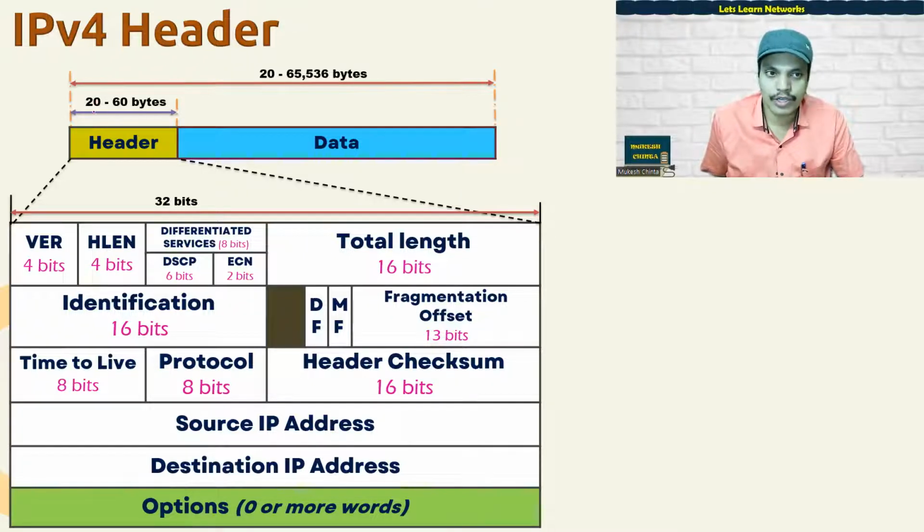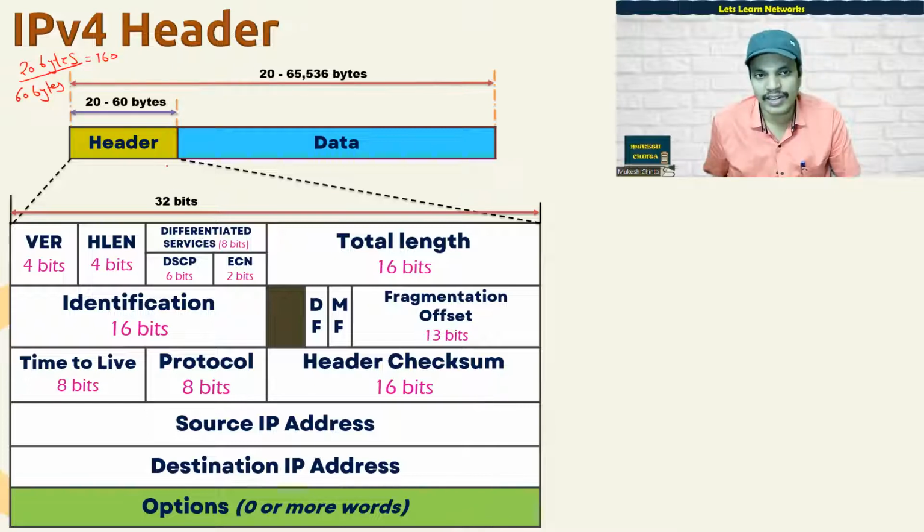The header portion is 20 to 60 bytes. This is not a fixed size header. The minimum size of the header is 20 bytes, and the maximum size is 60 bytes. So it must be at least 20 bytes, that is 160 bits, and it can be a maximum of 60 bytes.